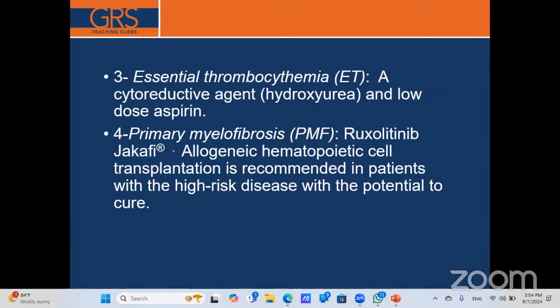In patients with high-risk disease and high potential to cure, allogeneic hematopoietic stem cell transplantation is recommended, helping in reducing the symptoms related to myelofibrosis. Also, asymptomatic and low-risk patients can be managed with observation only. Patients with polycythemia vera and essential thrombocythemia that progress into primary myelofibrosis could be treated with JAK inhibitors as well.